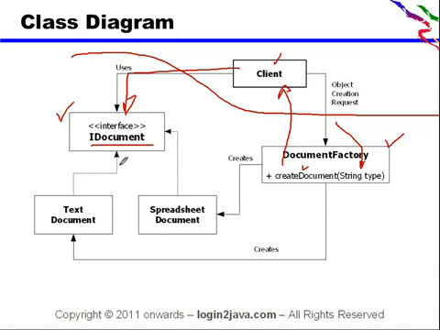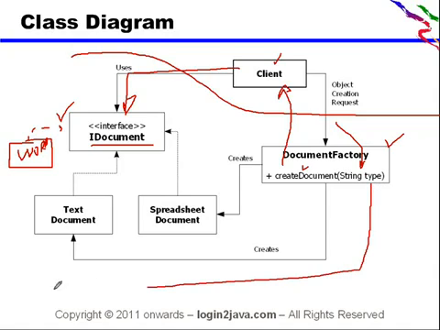Now see the ease of expandability. Suppose in future you need to work on a Word document. What do you need to do in that case? You implement this interface iDocument in your Word document and then give proper code in the factory method to create this Word document. So it is easy to expand.